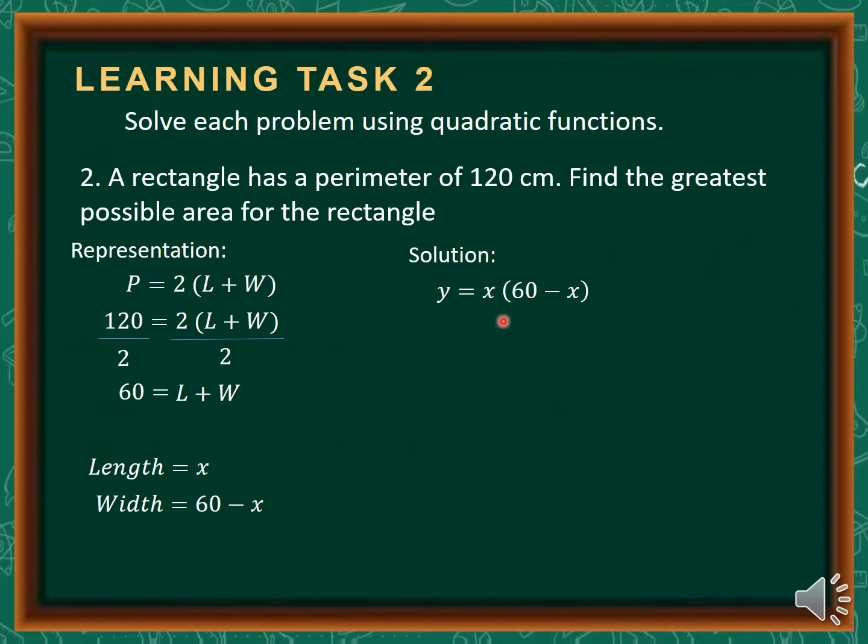X times 60, we have 60x. X times negative x, we have negative x squared. Then after that, this is already our quadratic function. We have y is equal to 60x minus x squared.